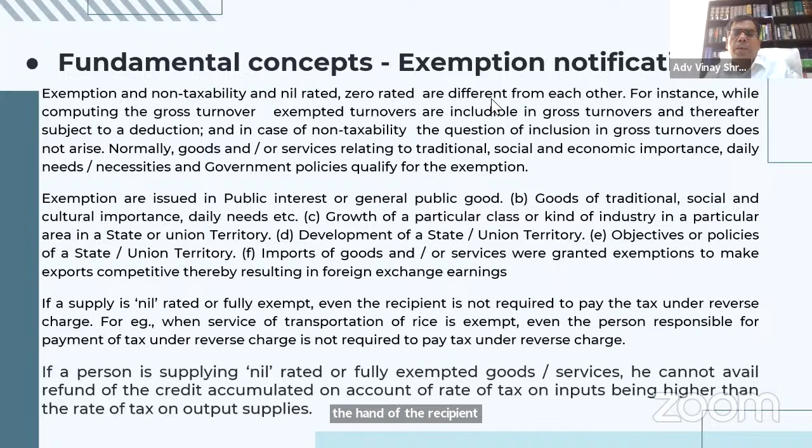So if the item is exempted or nil rated. I'm using the word nil rated instead of zero rated, because zero rate means it is an item of exports or supply to the SEZ, whereas nil rated means as per tariff, the rate of tax is zero.